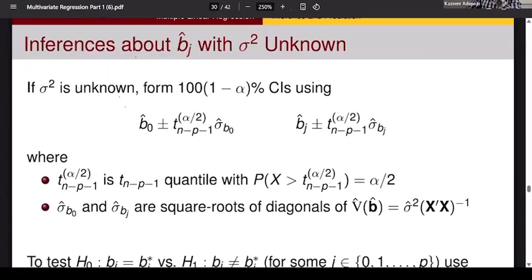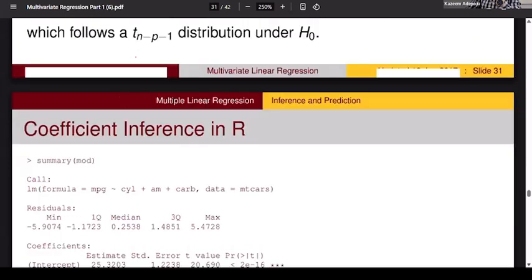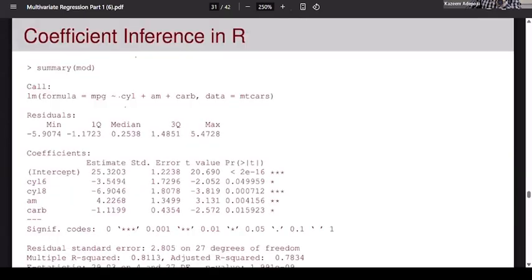Now, what you see here is the code for the multiple linear regression in R, where you are looking at the effects of cylinder, AM, and carb on the MPG.